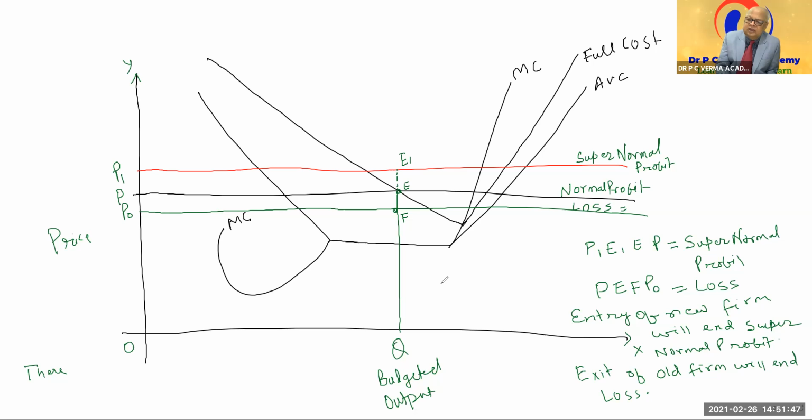Buyers' demand pressure may create supernormal profit for some time, but that will not sustain. This supernormal profit will not sustain because many new rival firms will come and their budgeted output will fill the gap.